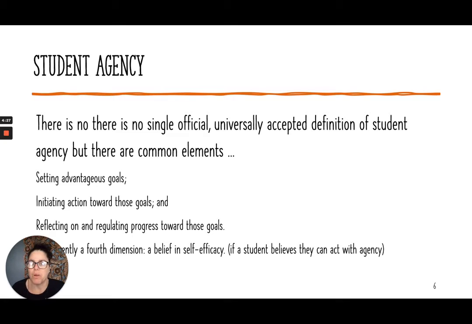Even though there's no one definition, there are certain elements that express student agency: the setting of high-level goals, initiation and action toward those goals, and taking time to reflect on the progress so you know where you are in your own learning. There's also a fourth dimension, and that is self-efficacy, the belief in learners' own ability to act with agency.